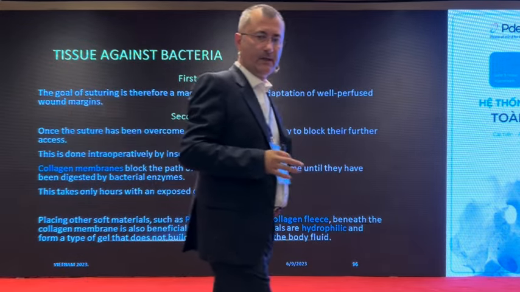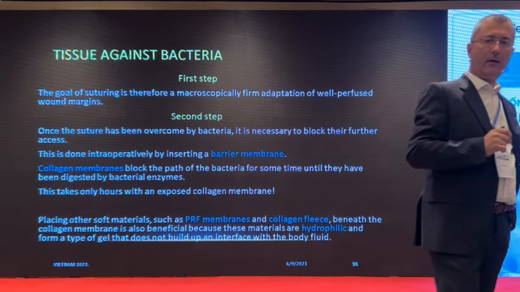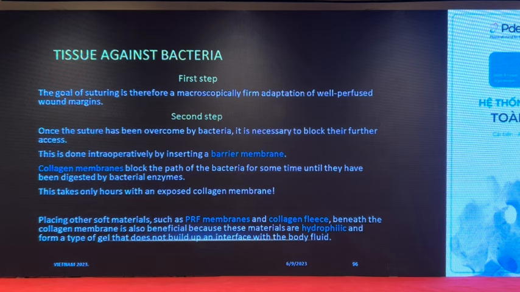Once the suture has been overcome by bacteria, it's necessary to go for further access, and this is done intraoperatively by inserting a barrier membrane. So this is another function of this barrier membrane.